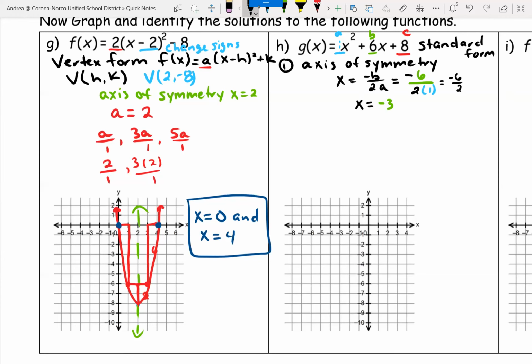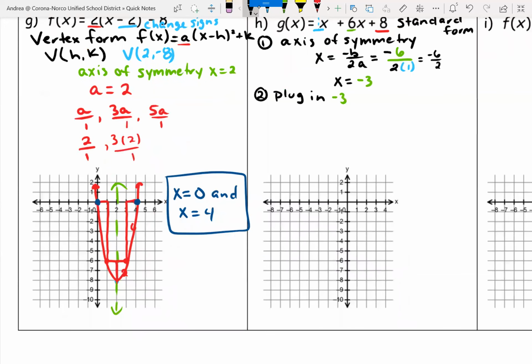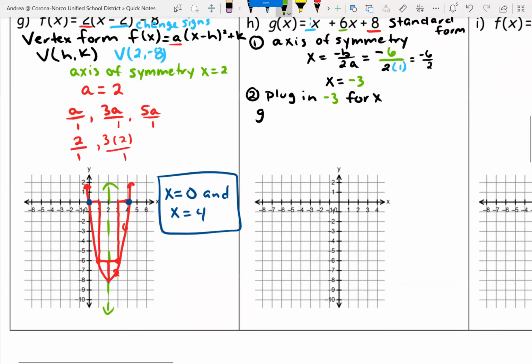So the next step is to plug in negative 3 for x. So we have g of negative 3 equals negative 3 squared plus 6 times negative 3 plus 8.